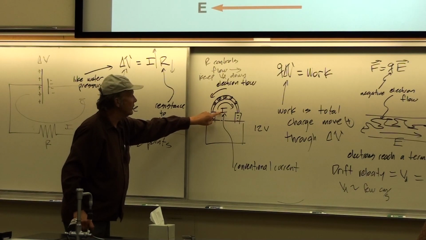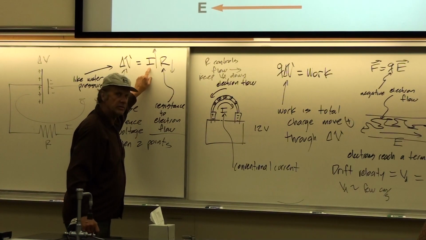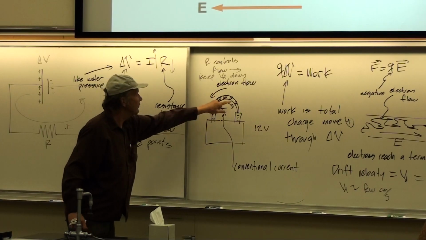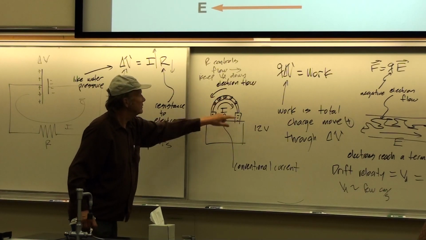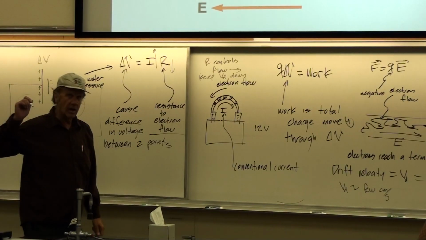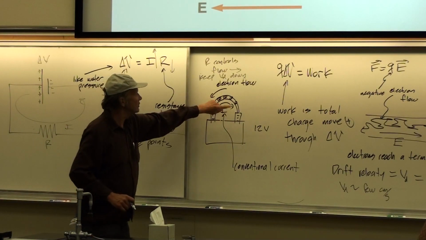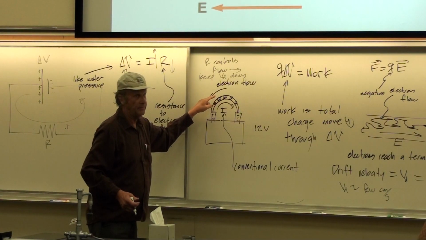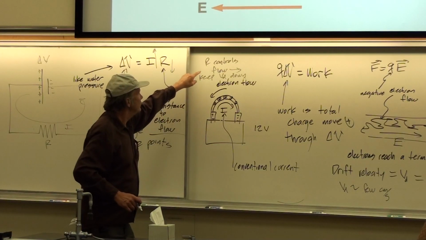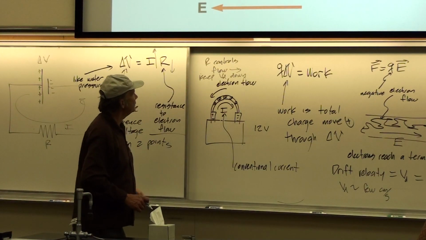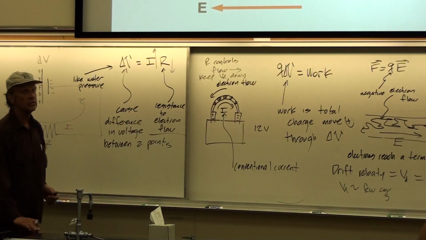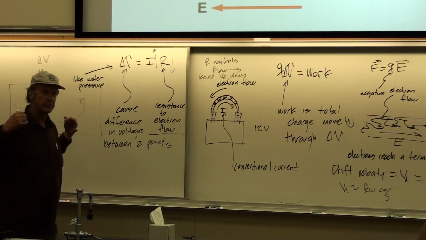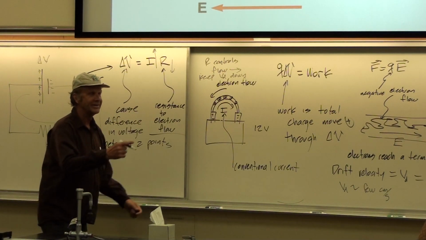And so we could think of the current as being related directly to the drift velocity. And so the faster these electrons are moving, the harder they're going to hit those atoms, and so it's just going to melt this thing or burn it up. And so you use the resistance then to keep the electron flow under control so that you can do useful work, but controlled work. Question?